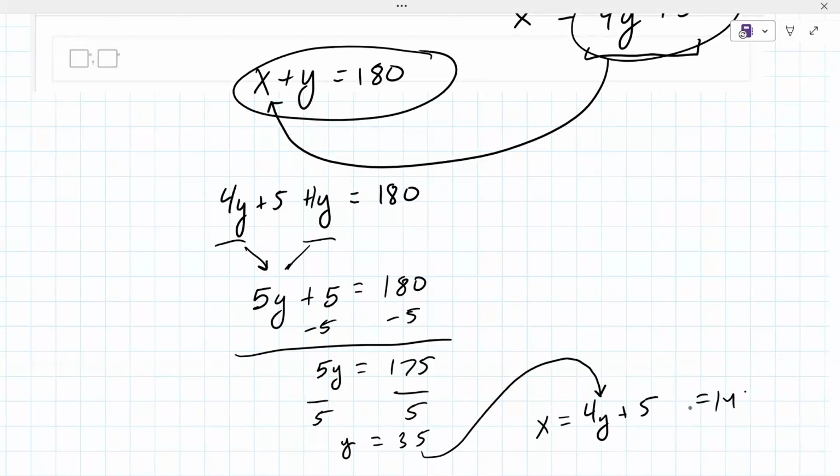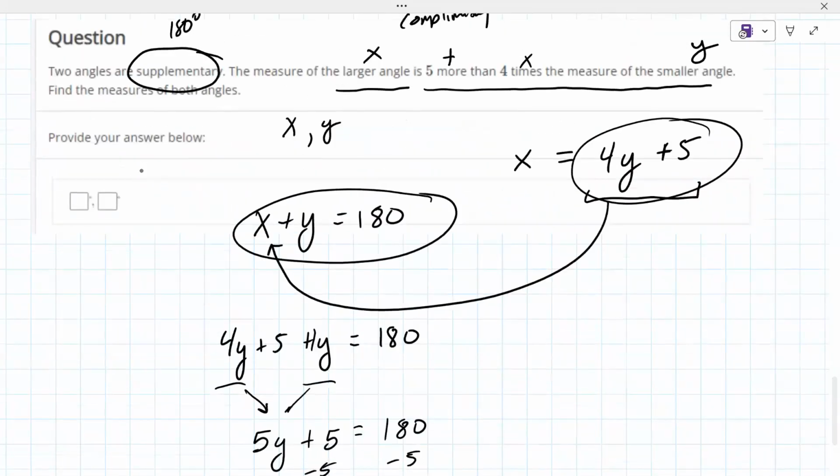Okay. So does 35 plus 145 add up to 180? Yes. It does. So those are your two answers. Any questions, thoughts on that? No. All right.